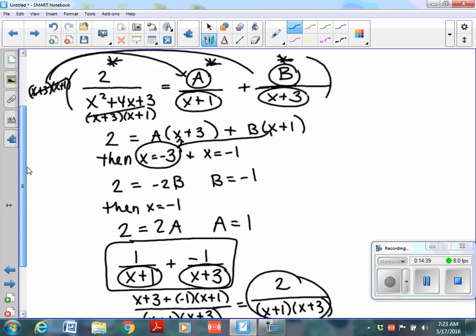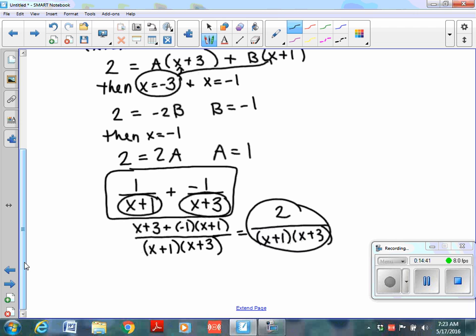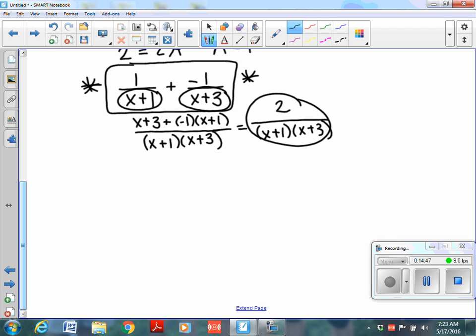Okay, so now that we have it broken up into two partial fractions right here, I'm going to use that instead. So I'm going to integrate from 0 to b, the first one, 1 over x plus 1 dx, and then plus, I'm going to integrate from 0 to b, a negative 1 over x plus 3 dx.